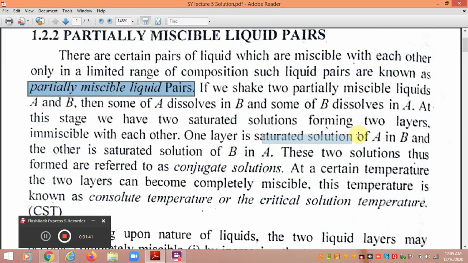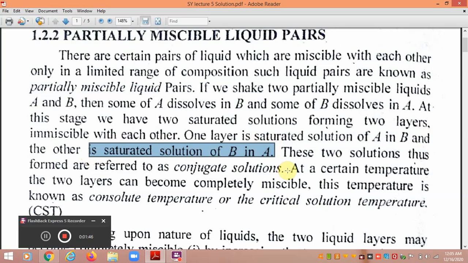One is the saturated solution of A in B and the other is the saturated solution of B in A. These two solutions are called conjugate solutions, because we have two components, two liquids A and B.